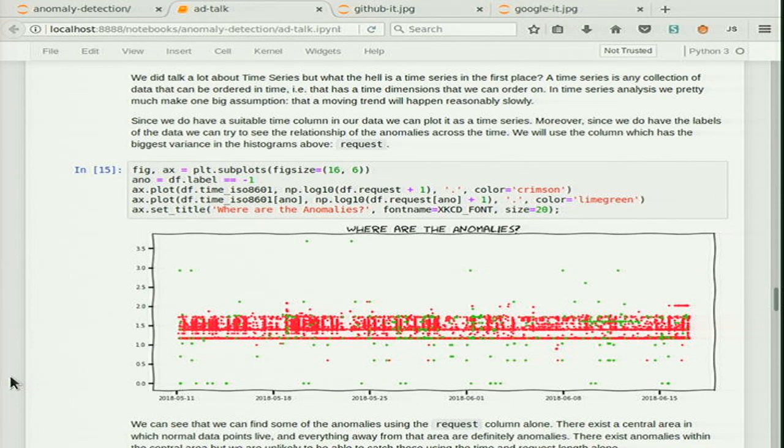But outside, above and below, there are only green dots. There are no red dots quite high, and no red dots at all quite at the bottom. They're all anomalies. So requests that send nothing, where I'm just checking the connection, or requests that send a huge amount of bytes, are likely anomalies.